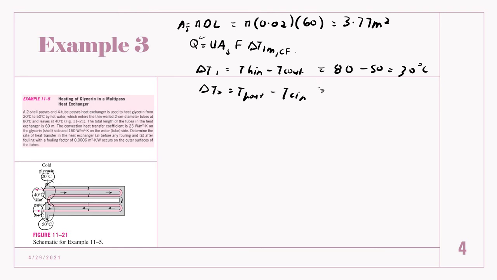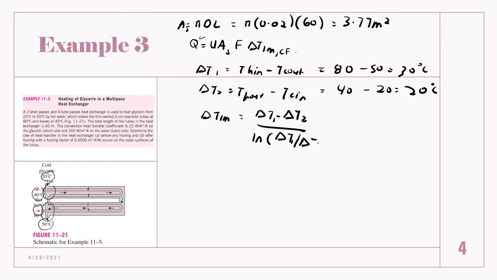H out is 40, C in is 20, so 20 degrees Celsius. So calculate the delta T Lm, the log mean temperature difference: delta T1 minus delta T2 over ln delta T1 over delta T2. I directly put the answer. The answer is 24.7 degrees Celsius here.